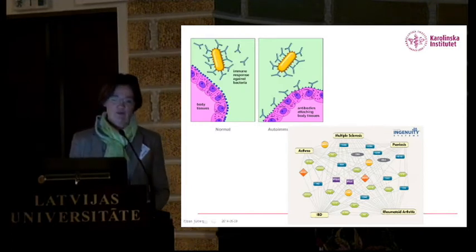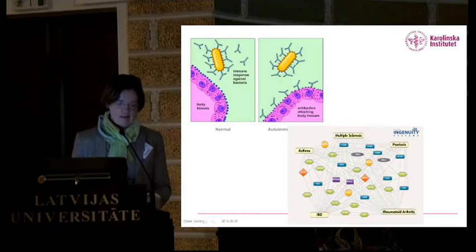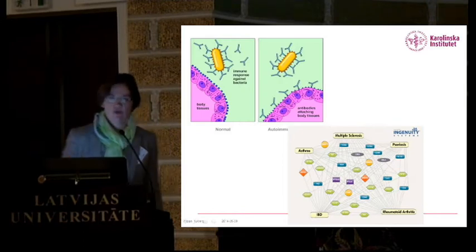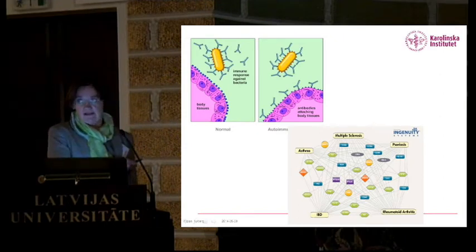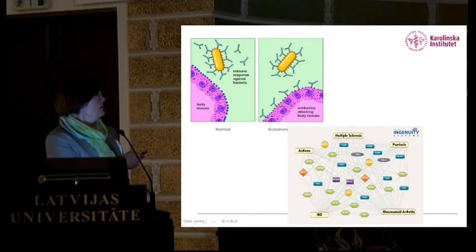Okay, so autoimmune diseases in the skin happen when we have an autoimmune reaction. Instead of external stimuli like bacteria or viruses, they turn against the skin, our own defense.